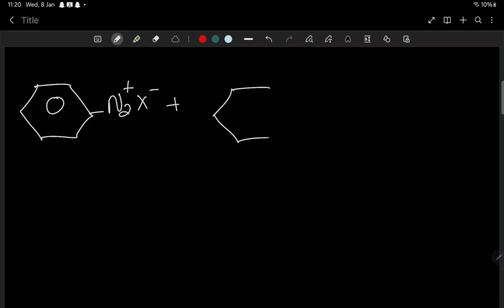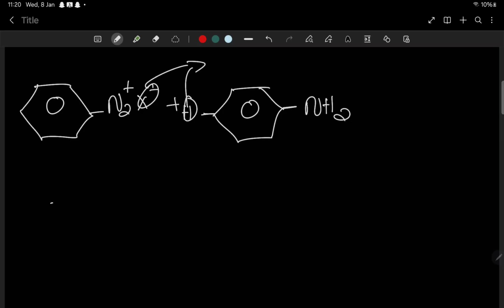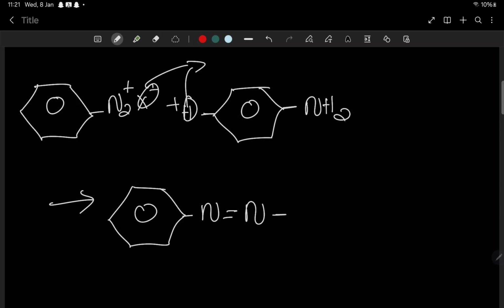Now we are doing the same reaction with another reagent. You have N2 plus X minus. Instead of phenol, we are taking aniline. I told you the para hydrogen should be facing like this. Now remove these two away. We get N double bond N, NH2.